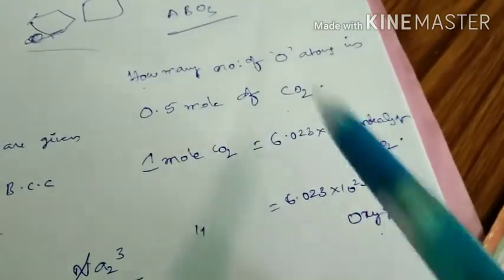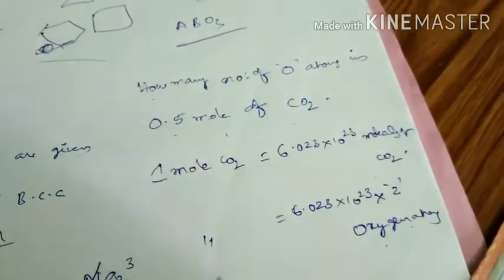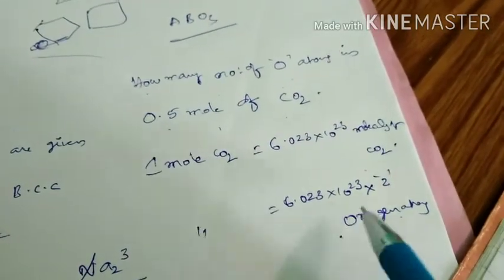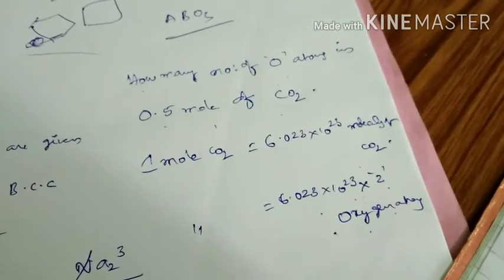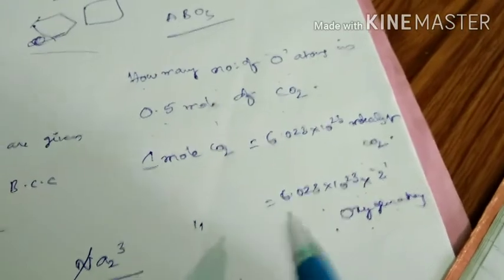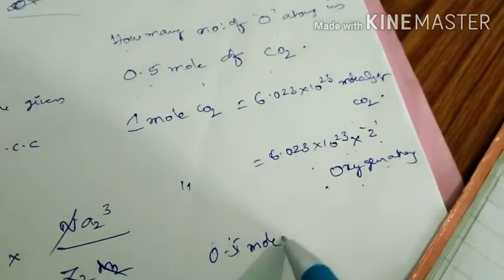But we want the number of atoms in 0.5 mole. 1 mole contains 6.023 into 10 to the power of 23 into 2. Then half mole, 0.5 means half. 0.5 mole of CO2 contains how much?